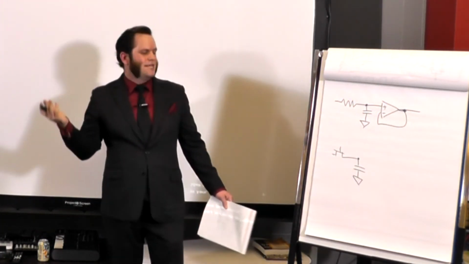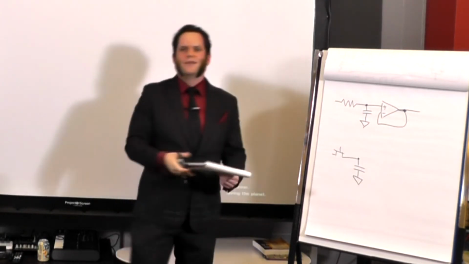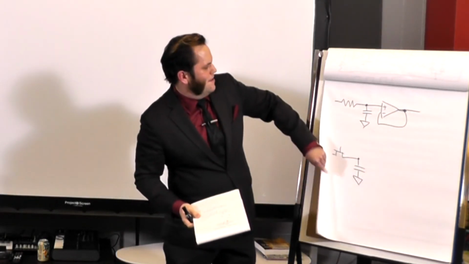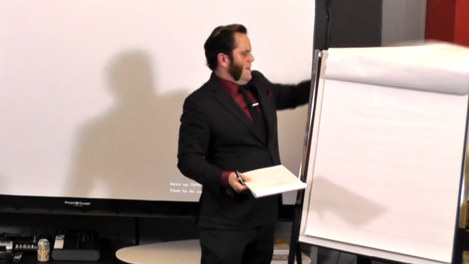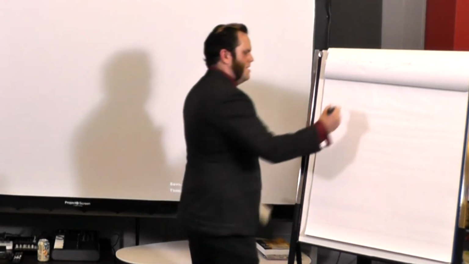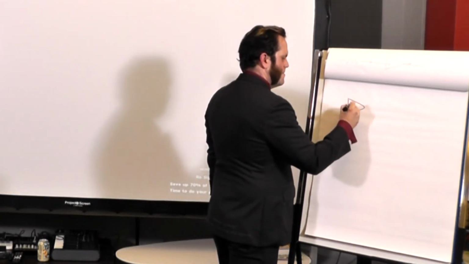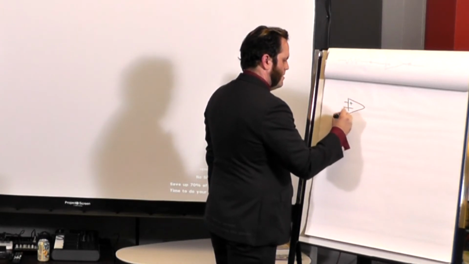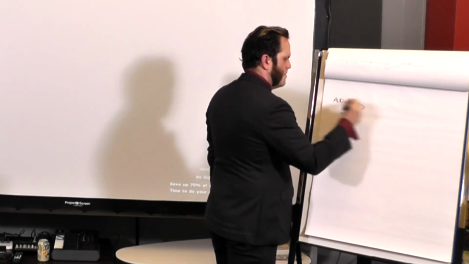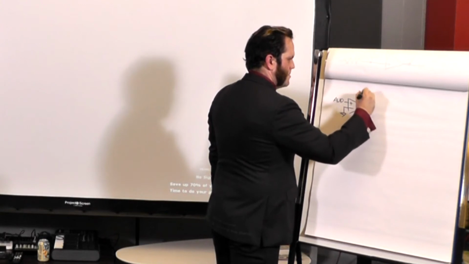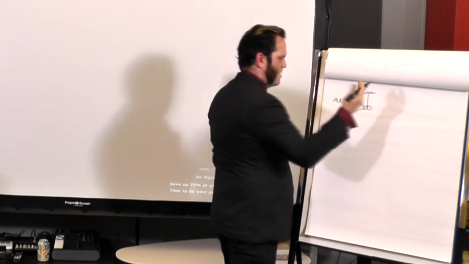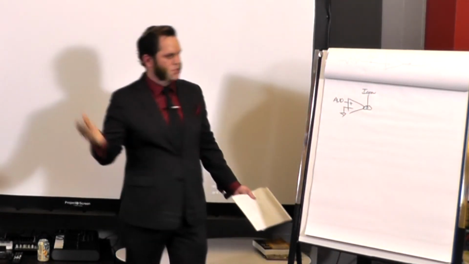But we can also use an OTA because we like using OTAs, because why not use more OTAs? Right, so we have a nice OTA here, and we're going to put our audio in here. And we're going to put some control current in here. That's going to be our voltage control for the voltage-controlled filter.